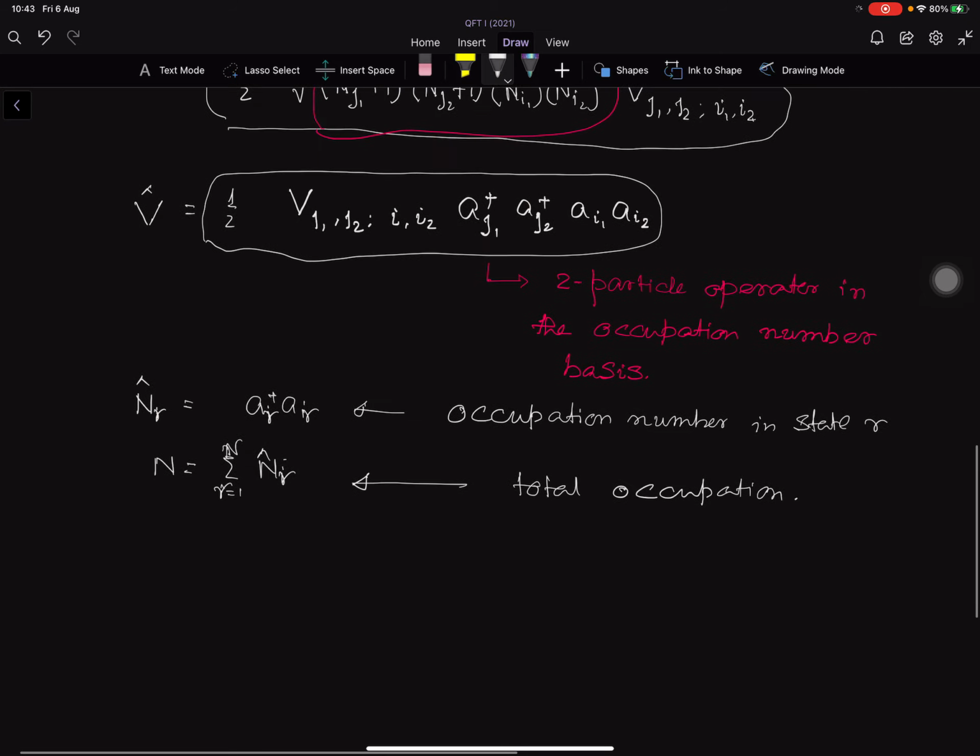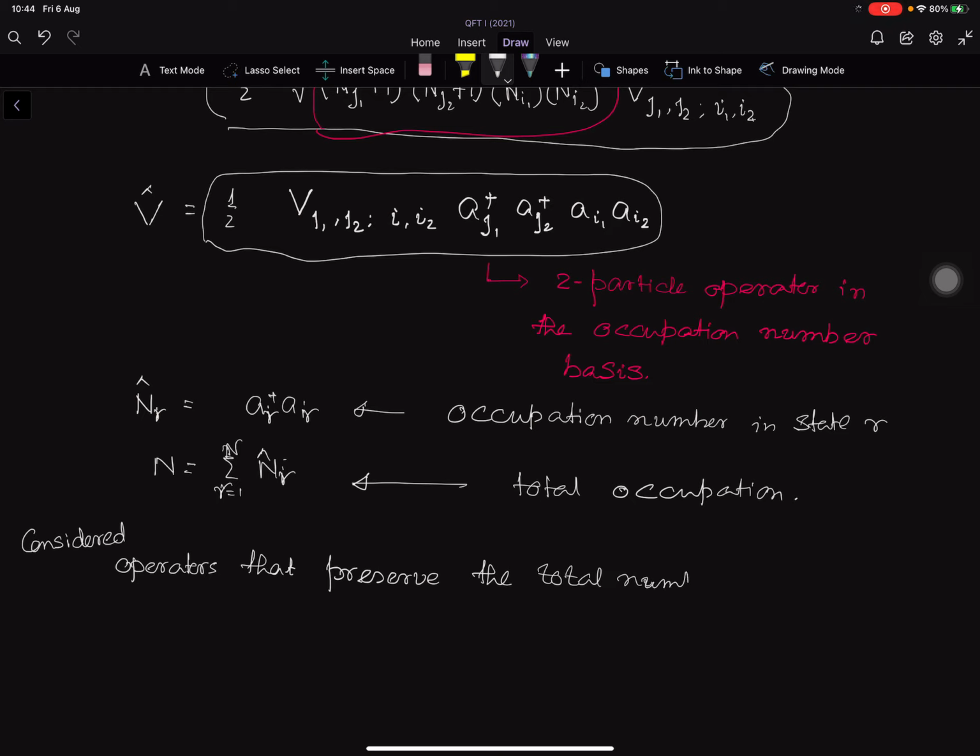Okay, now you see one important thing we have done up to this point is that operators preserve the total number of particles.